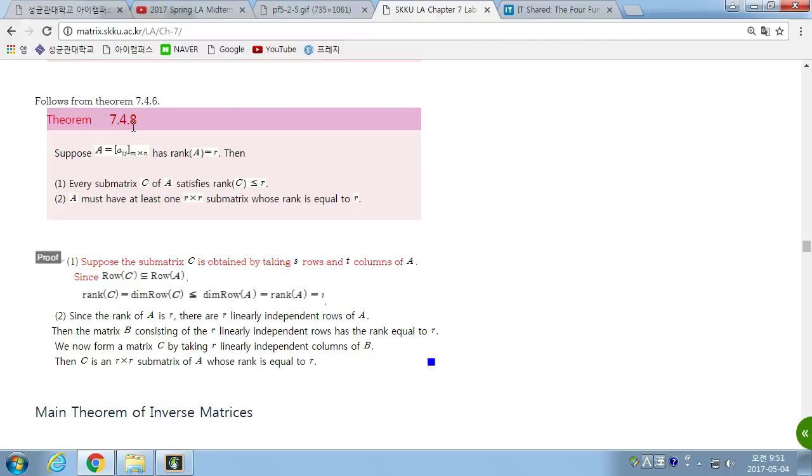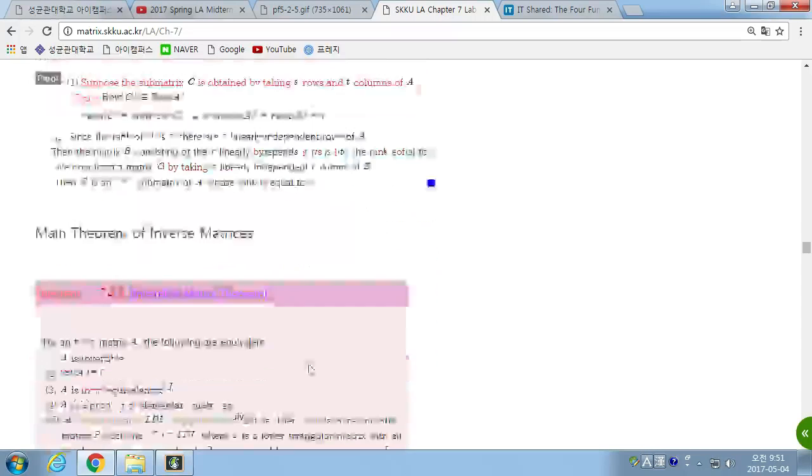So the largest rank of any submatrix of A can be defined as the rank of A. 그러니까 행렬의 랭크를 아까와 다르게 정의할 수 있고, 이 정리를 이용하면 행렬의 서브 매트릭스가 갖는 랭크 중에 가장 큰 R을 우리는 행렬 A의 랭크로 정의할 수 있는 거예요.